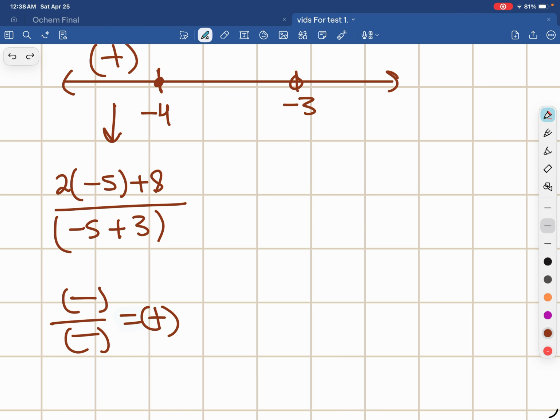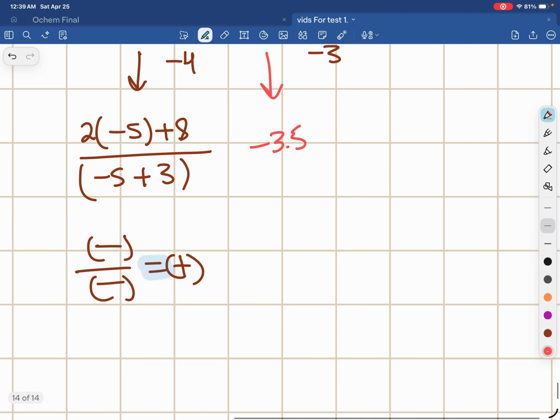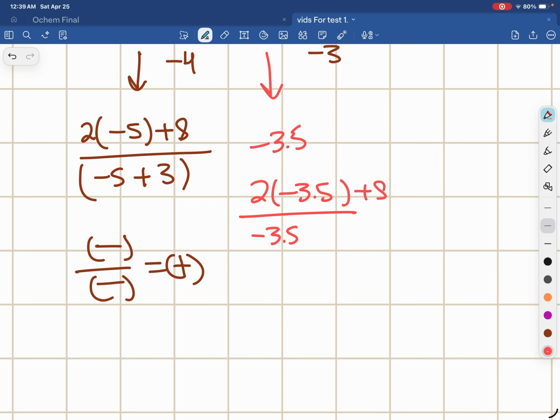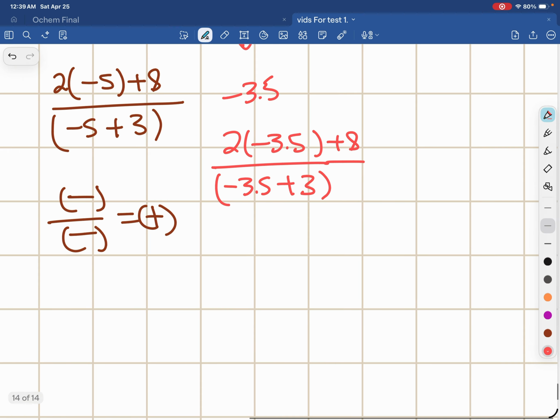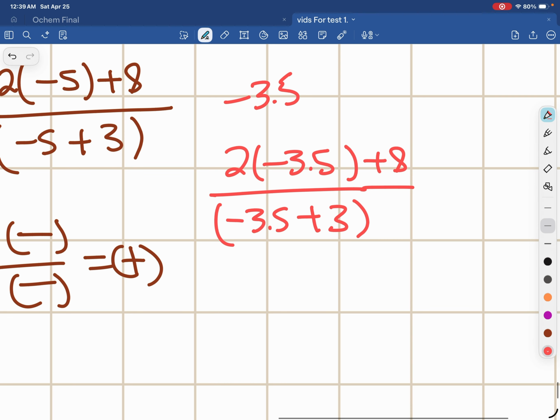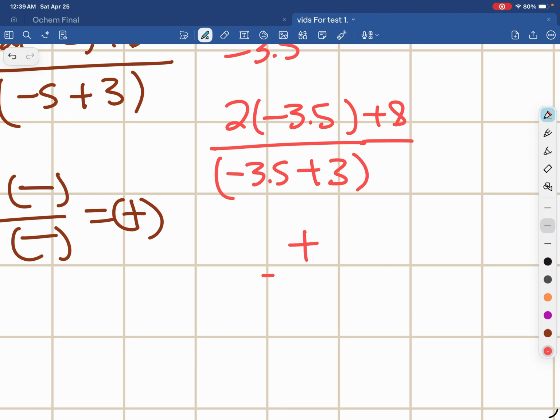We'll change color again. Let's do negative 3.5. So we'll do 2 times negative 3.5 plus 8 all over negative 3.5 plus 3. Don't forget that part. So again, this is going to be 7. So we'll actually have a positive over a negative, which will give us a negative value.